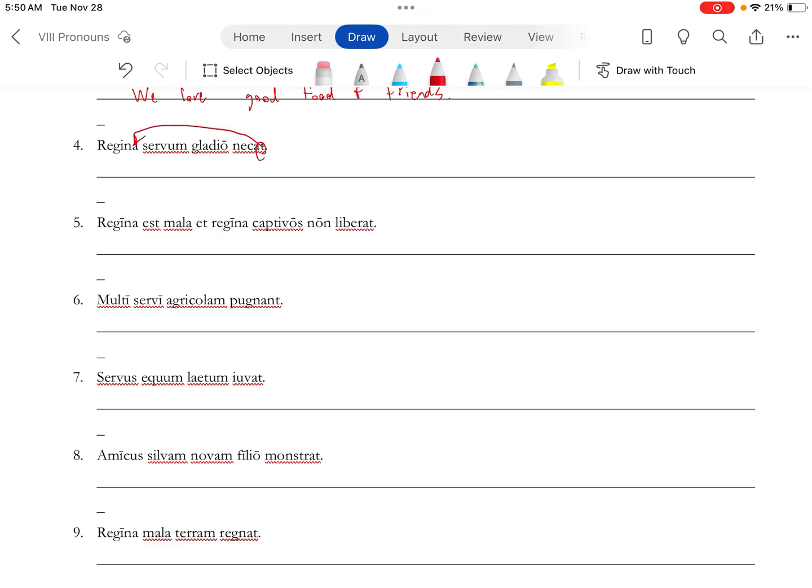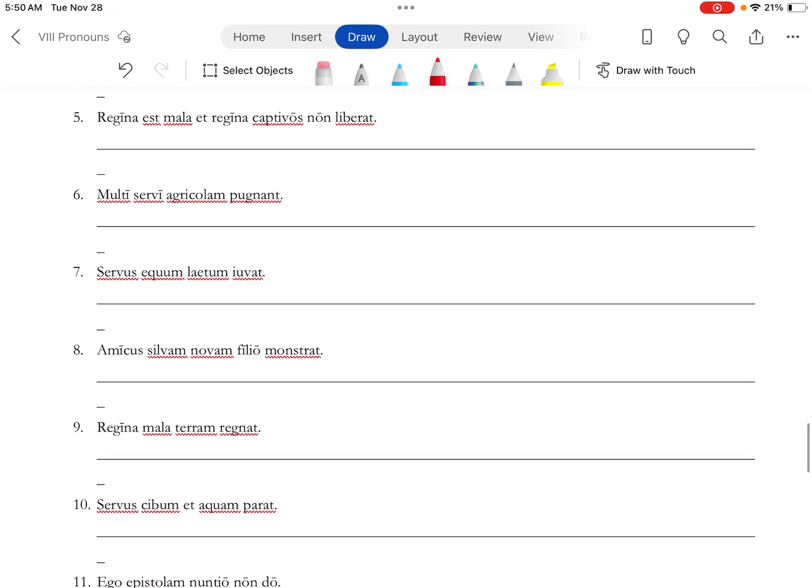T, there's our T, the queen, or he, she, it, so the queen kills the servant, serwum. Gladio with a sword. Lot going on here. So we have a linking verb here, we have an action verb here, and we have an et.